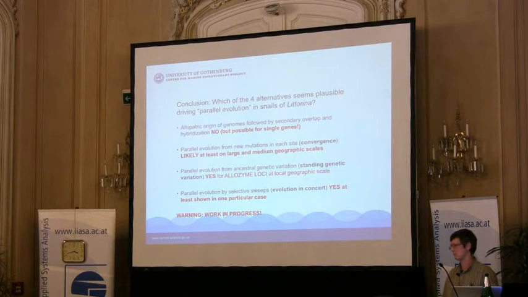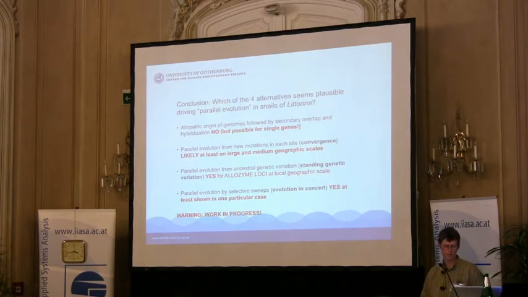And that might be the more important part for parallel evolution at the smallest geographic scale. And then finally, we have at least one example, in Littorina fabalis, of a system which seems to have evolved in concert, with a very successful mutation spreading over a large area and coming into use in the formation of one of the ecotypes.